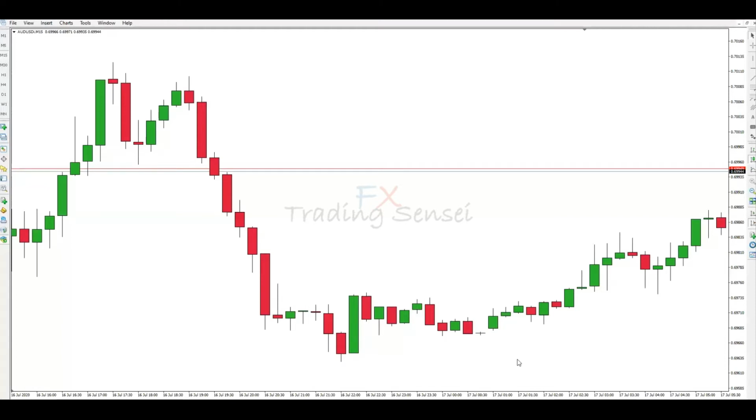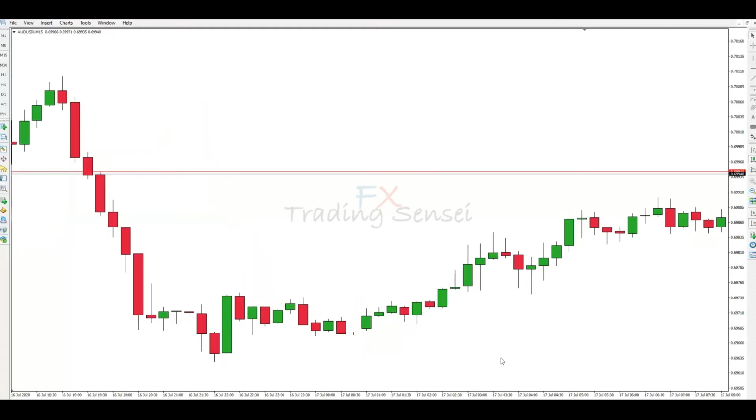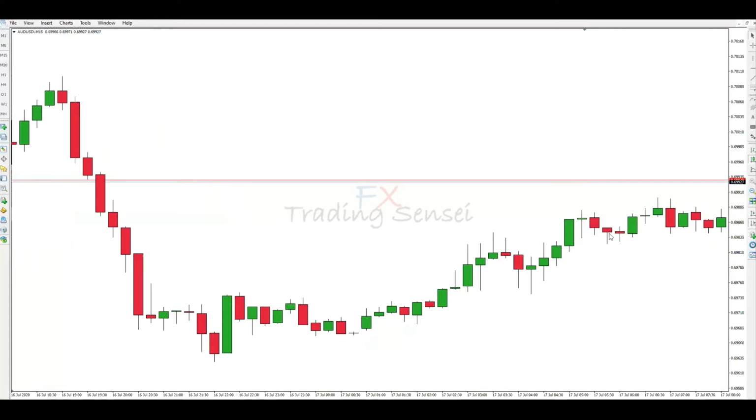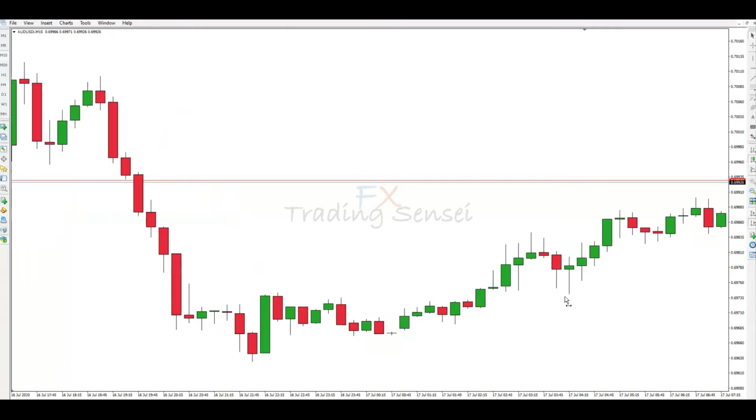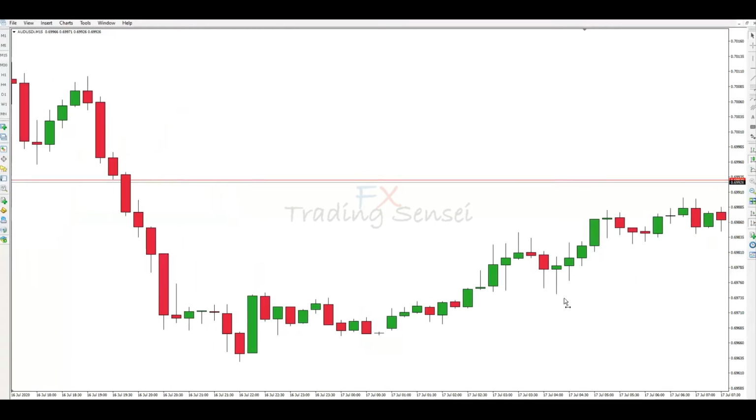So as it's stair-stepping, you can see here, price does not go up in a straight line, and it does not come down in a straight line. It will go up, come back down, go up, come back down, go up, come back down. So market structure will help you to understand where price is in that particular flow and in that cycle of movement, so that you can anticipate your next course of action.